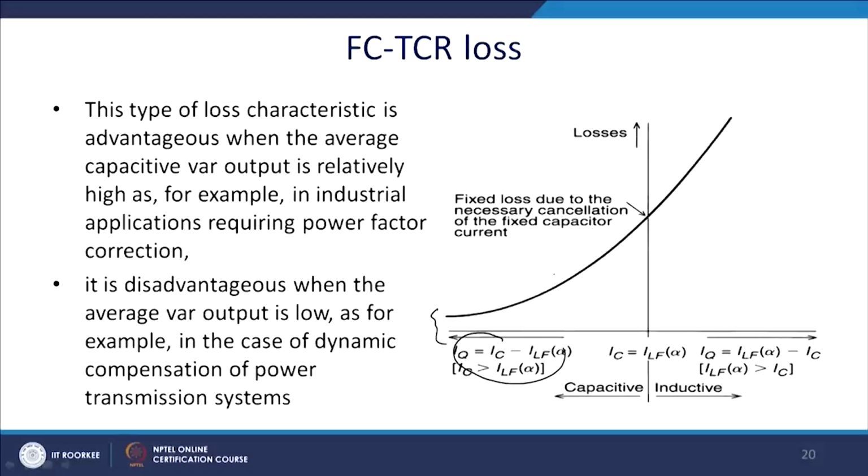This type of loss characteristic is advantageous when average capacitive output VAR is relatively high, for example in industrial applications during power factor correction and adjustable speed drives. It is disadvantageous when this average VAR is low, for example in dynamic compensation of a transmission line. So, we shall find its application where average capacitive output is relatively high.